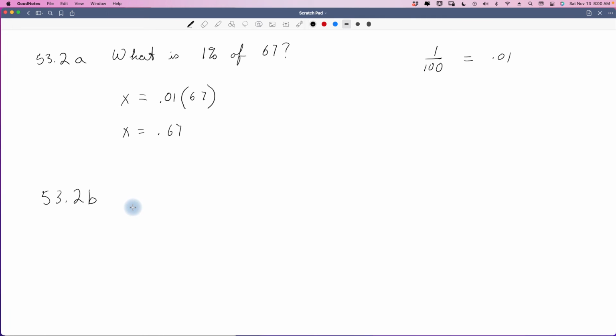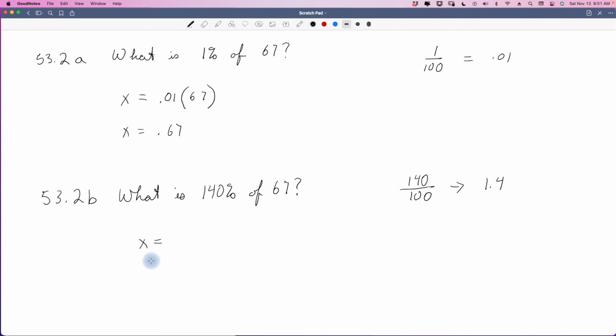We got one more. What is 140% of the same number, 67? So we do our percent here. 140 over 100 is equal to, boom, boom, we move it 2 places, so 1.4 is going to be the decimal we use. What is our variable?